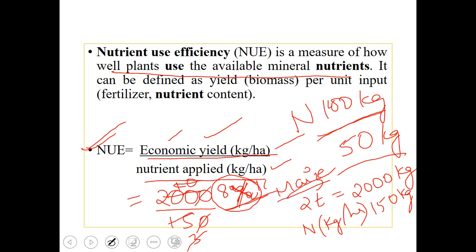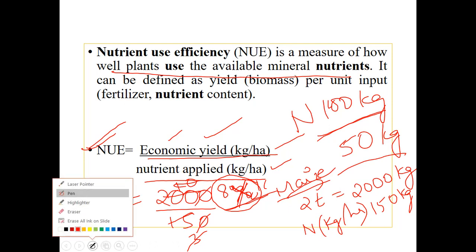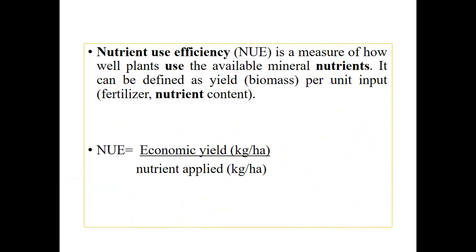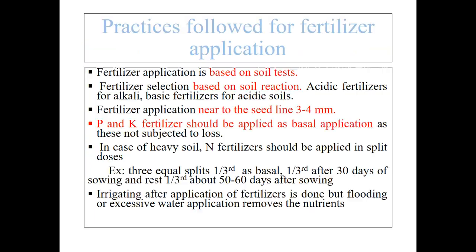I'm just giving you an example of how it is done, so don't get confused. You can calculate for nitrogen, phosphorus, potassium, or any nutrient. I hope you are understanding this use efficiency. Now there are certain practices which should be followed for fertilizer application.